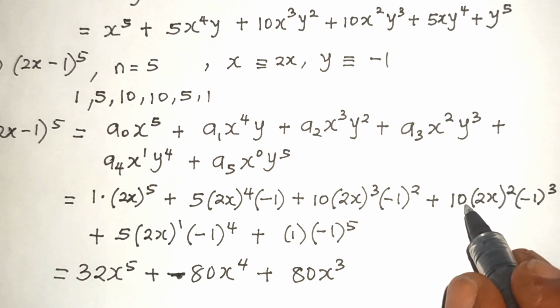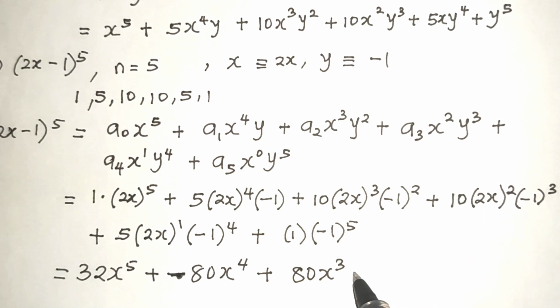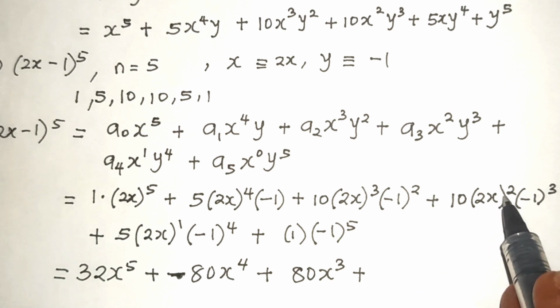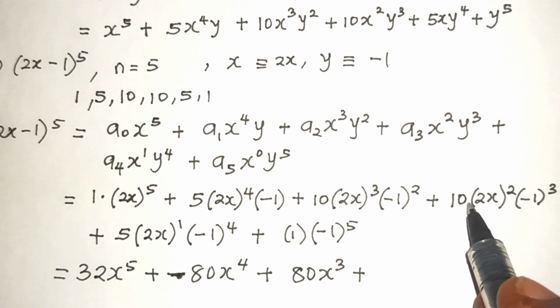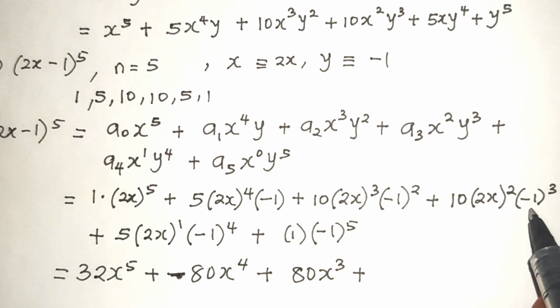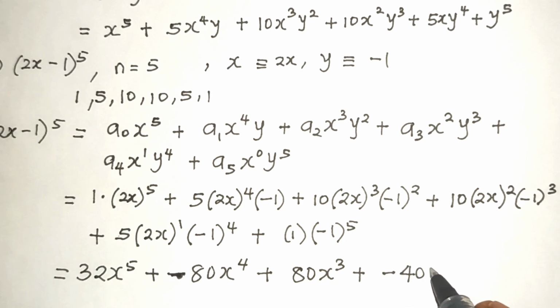So the next term, we have 2 raised to the power 2 is 4. 4 times 10 is 40. So here we have 40x^2 multiplied by (-1) to the third power, that's a minus 40x^2.